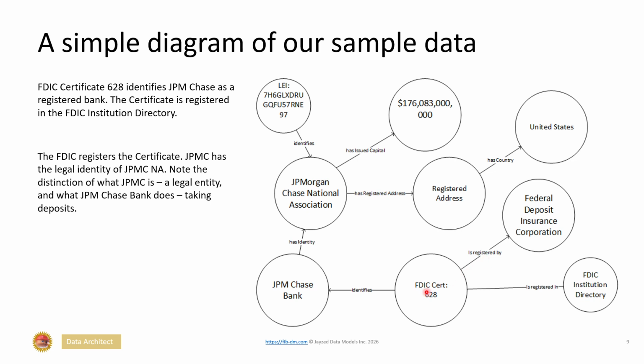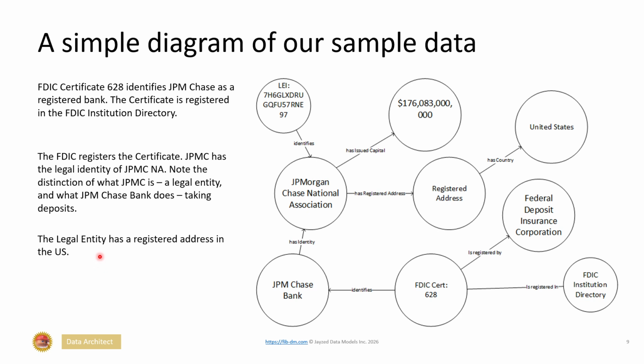And also note that JPMC is a legal entity, and that there is a distinction between the legal entity, JPMorgan Chase National Association, and what the legal entity does, which is a role as a domestic US bank.